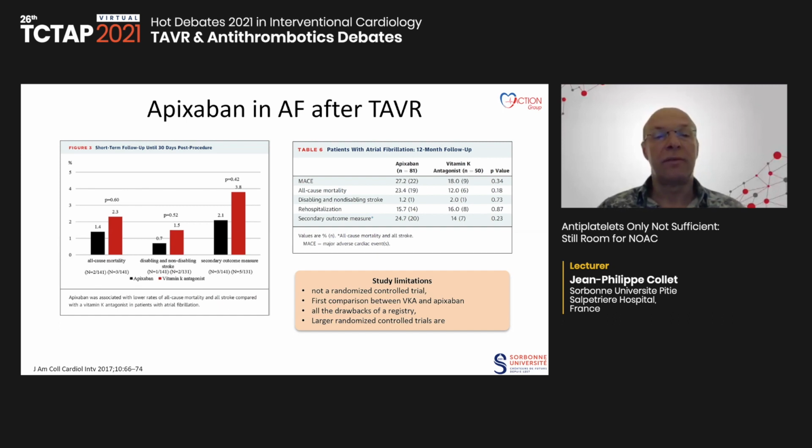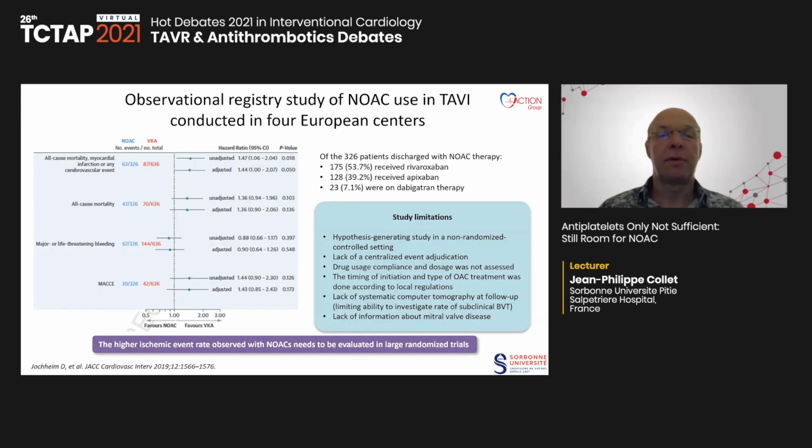But these are only evidence derived from registries, and we need to have some more randomized data. And this is also because we have another registry from the same country on a larger population sample size, showing the opposite, with more thromboembolic events with apixaban versus VKA, and a similar safety.